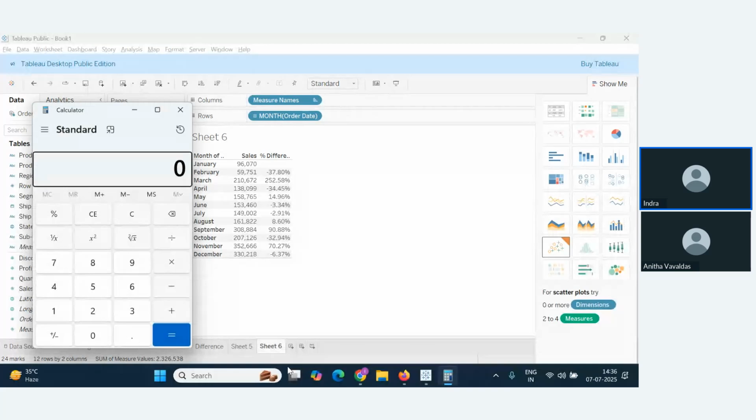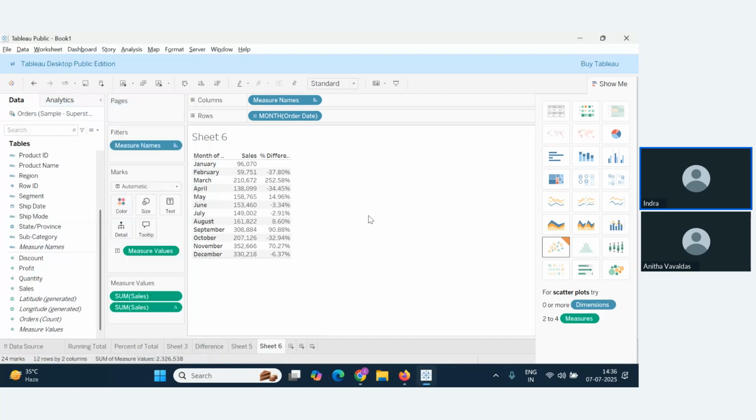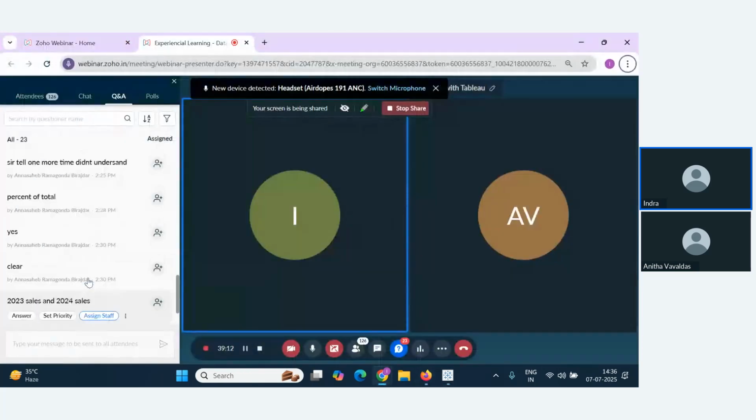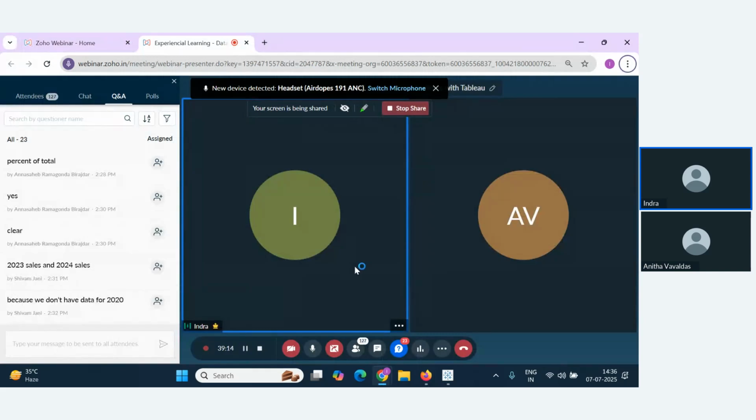Calculator. 96,070 minus 59,751 is equal to 36,039. Divide by 96,070. You can see we're getting this value, 37.80%. It will be negative. Yeah, this is percentage difference.